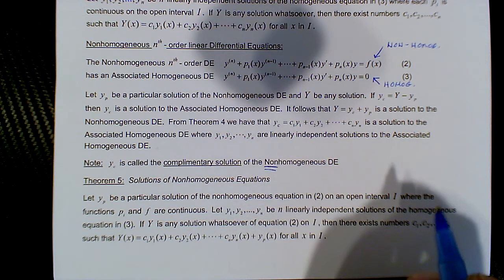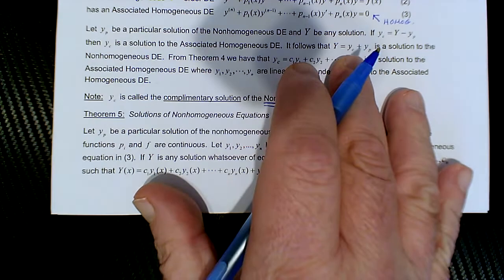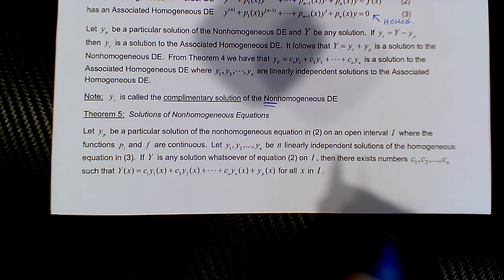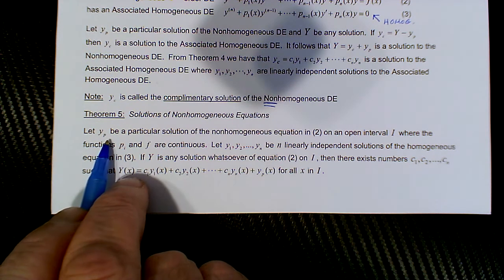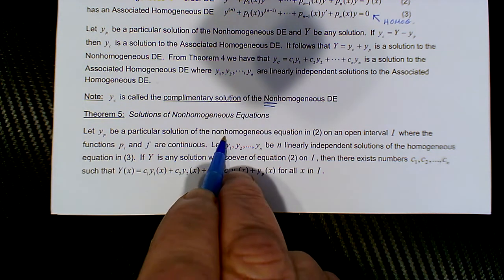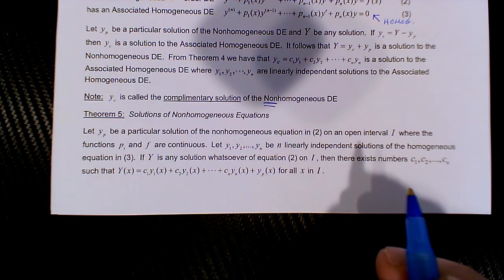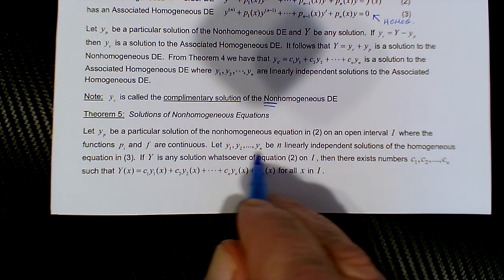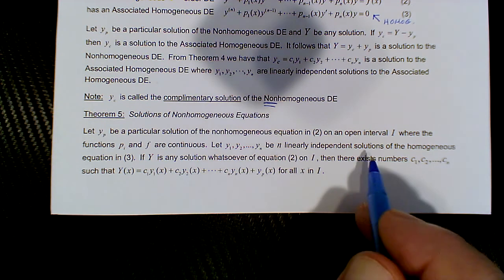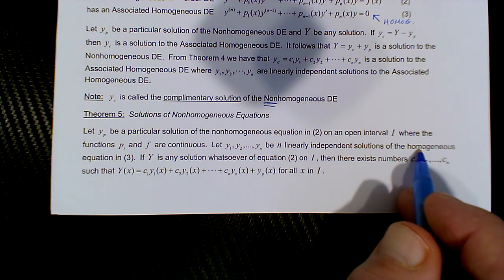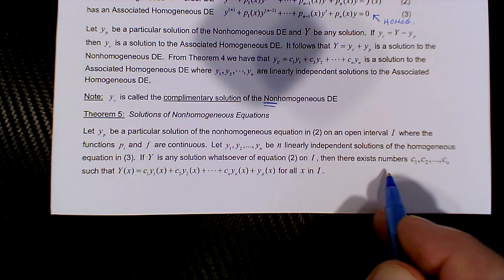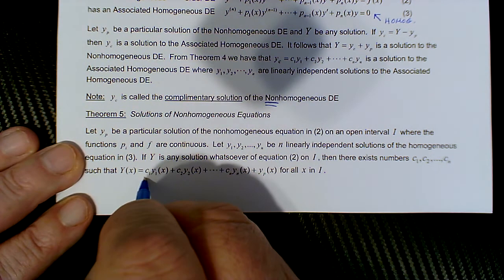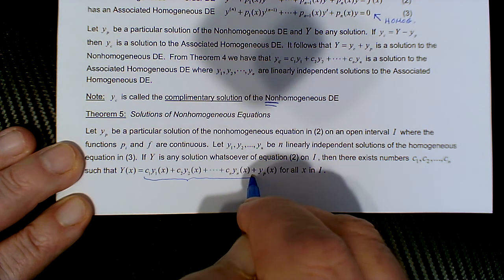Okay, so then Theorem 5 talks about solutions to non-homogeneous equations. And we're going to let y sub p be a particular solution of that. And then, there's a bunch of mathematical formalities here, but these y's are the solutions to the homogeneous. And if Y is any solution, then here's y sub c plus y sub p.